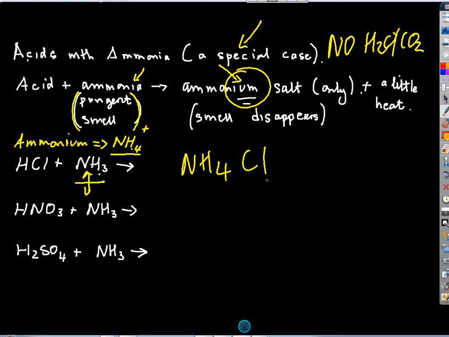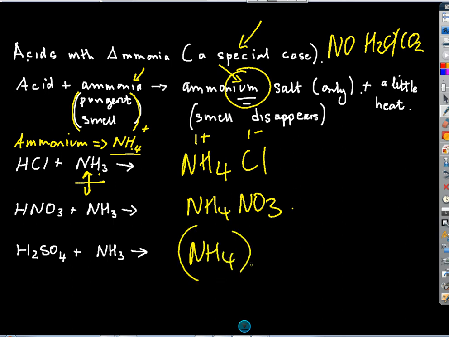The ammonium is 1+ and chloride is 1-, so they cancel each other out. Ammonium nitrate, NH4 is +1, nitrate is NO3, and then the one that's a little bit more challenging but not too bad is ammonium sulfate. We need 2 of those because sulfate, remember, is a -2 and each ammonium is +1. But there's no water, don't put water in because you'll never get it balanced.